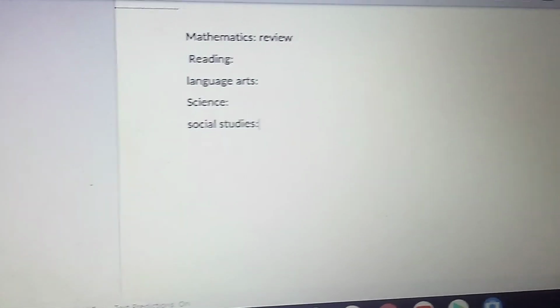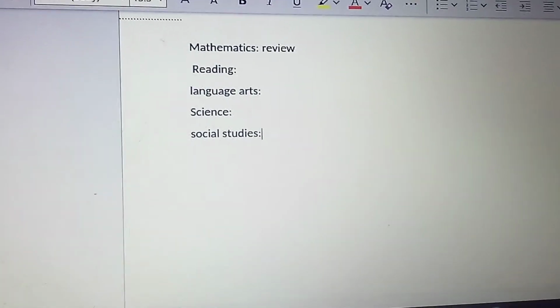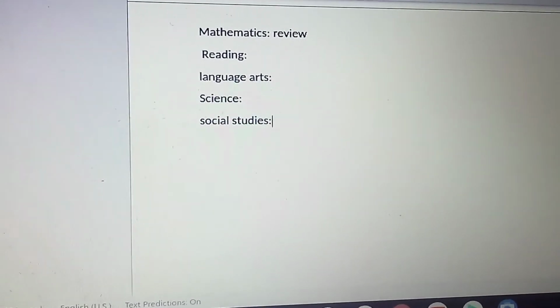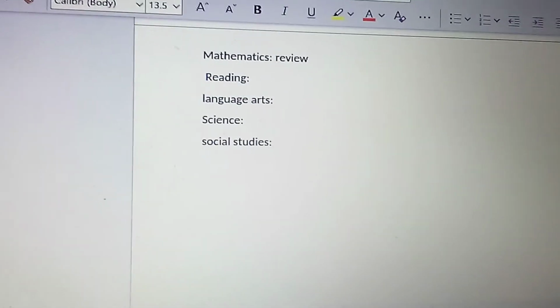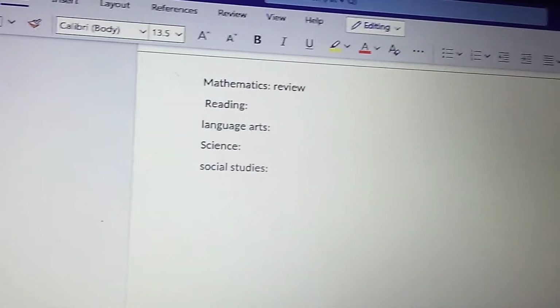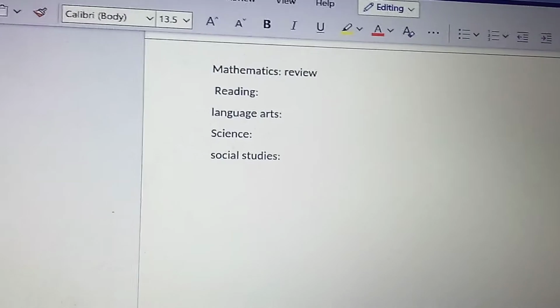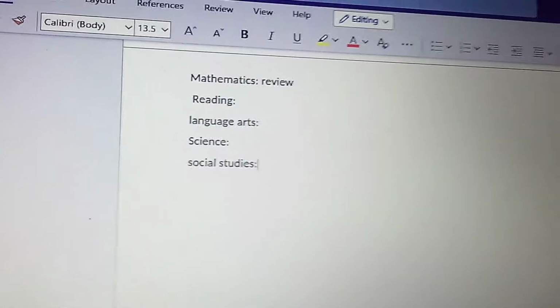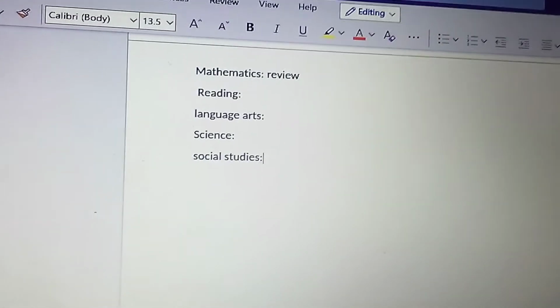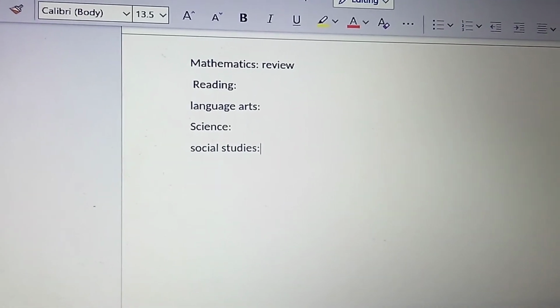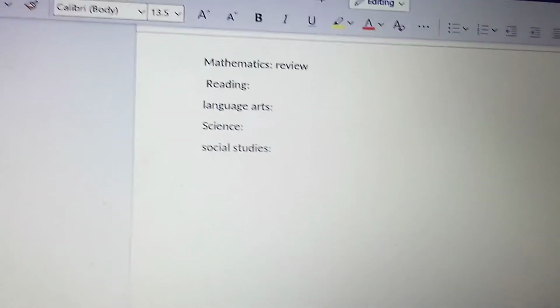So we learned about them, we studied them. So that's where we're going to keep going this year. Social studies, maybe it's the history of the state that you're in. Learning the states and capitals, learning the 4 oceans, all that is social studies.